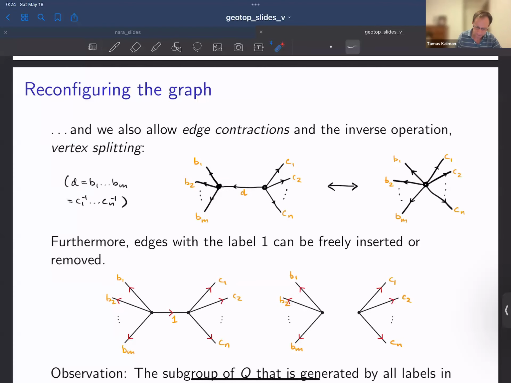Let me point out that the label on this contracting edge is determined either by these things, because there is a relation imposed by this vertex, or equivalently this same D can be determined from these labels on the other side. Anyway, this is the formula.